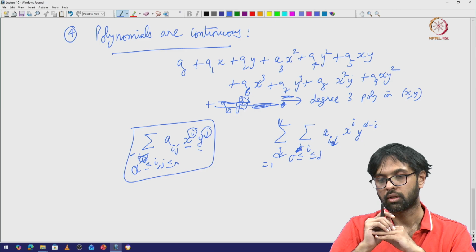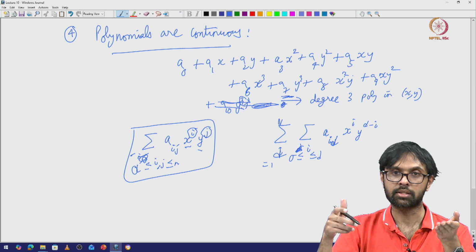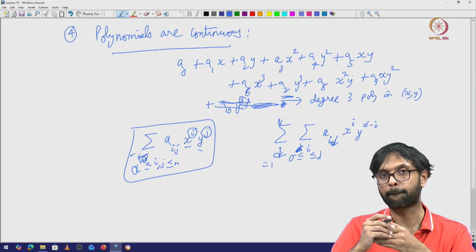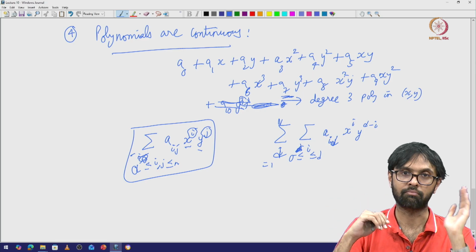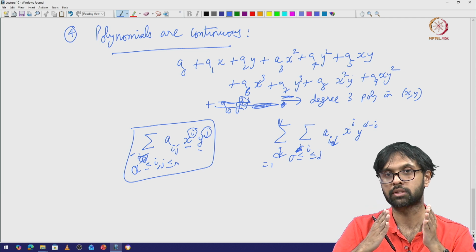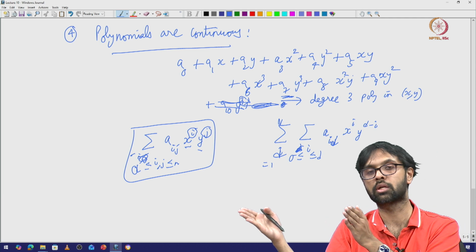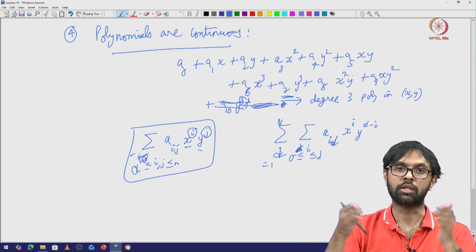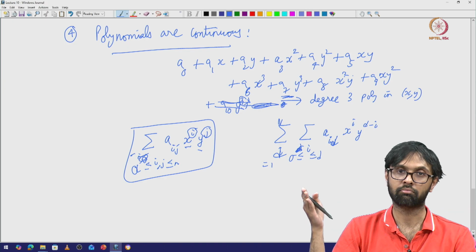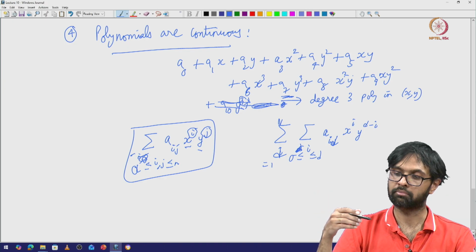This is for two variables, but the same definition holds for any number of variables. You take some arbitrary power of the first coordinate, multiplied by some arbitrary power of the second coordinate, then the third coordinate, etc. Then multiply all of these by some real number and add up, and it must be a finite sum.